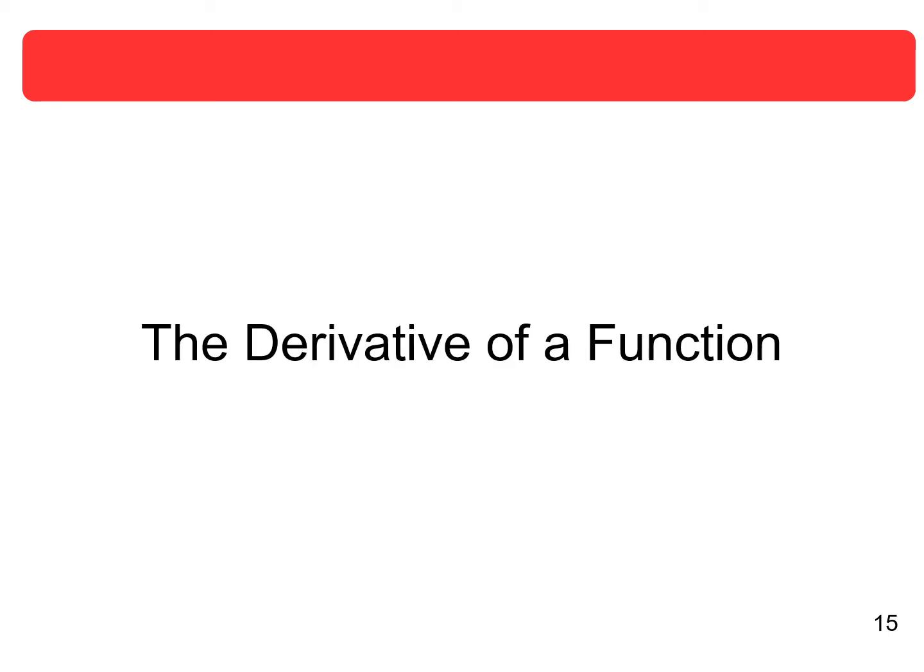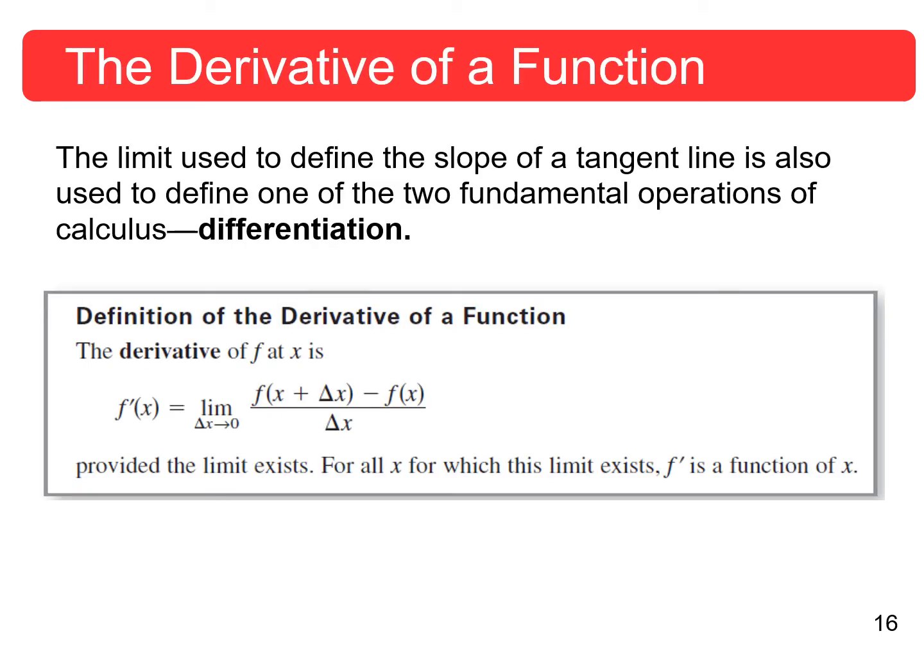Now let's talk about the derivative of a function. The limit used to define the slope of a tangent line is also used to define one of the two fundamental operations of calculus, which is differentiation. What you see here is the formal definition of the derivative of the function at x.